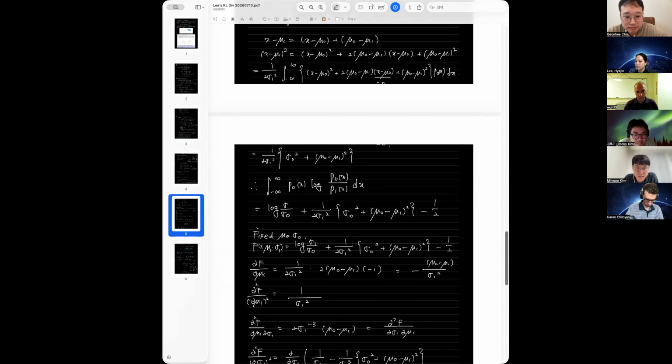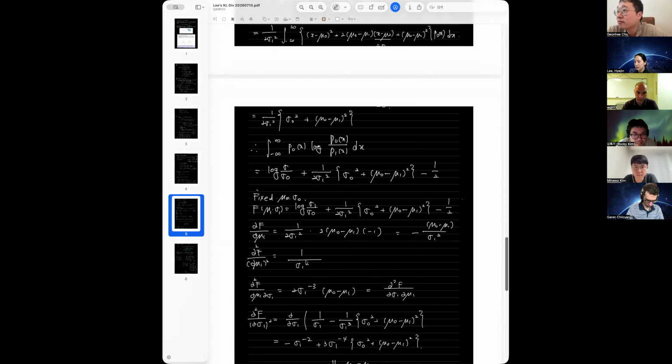I call this term the KL divergence function F, and F of mu 1 and sigma 1 becomes like this.